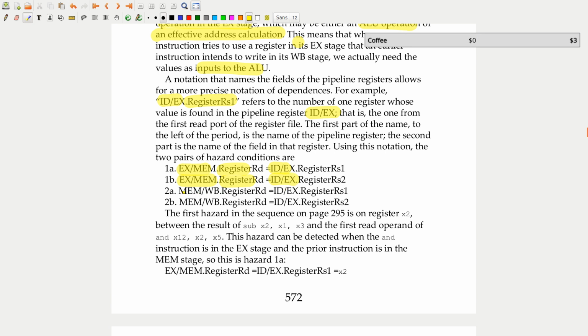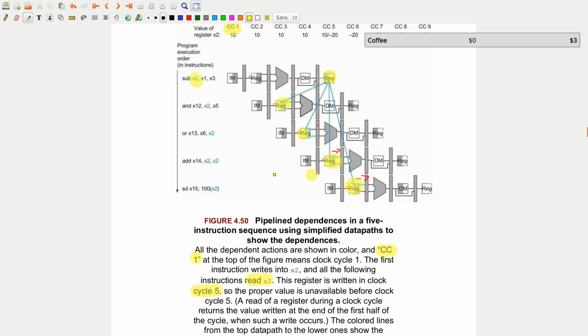Now for mem write back, this is actually pretty interesting. Using this notation, the two pairs of hazard conditions are, so let's see if we can find them here. So this is fetch, decode, execute, memory, write back.